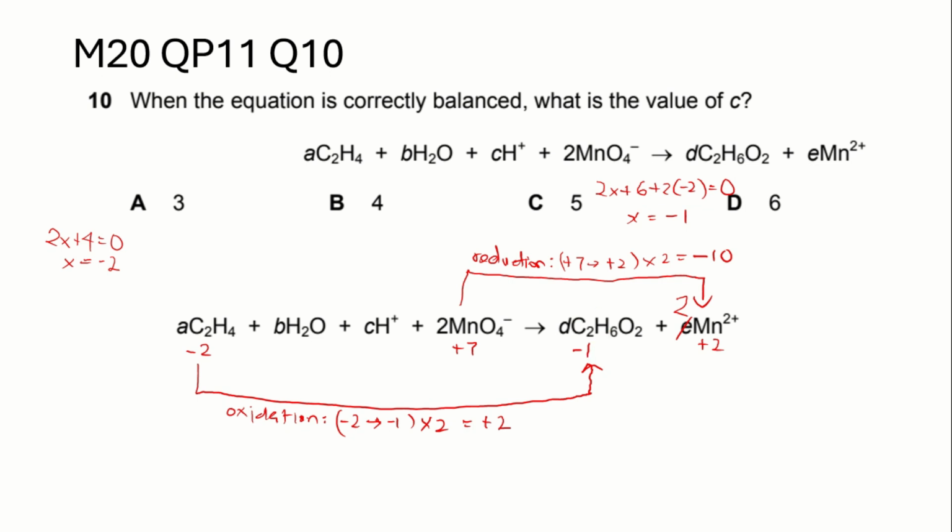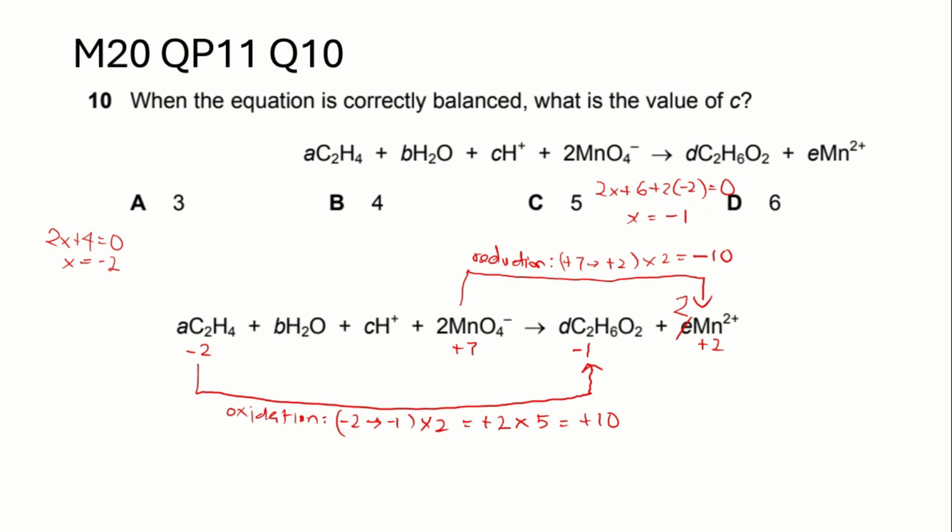I have to make sure that the number of electrons transferred is the same for both half reactions. So I need to multiply these by 5. Then I will now get positive 10. So carbon will lose 10 electrons.